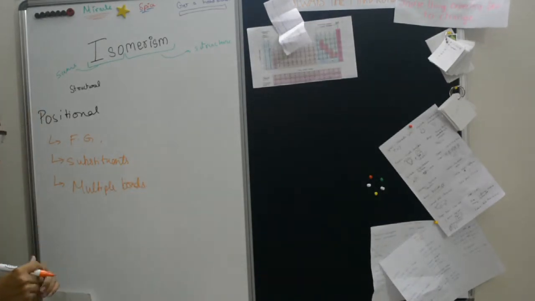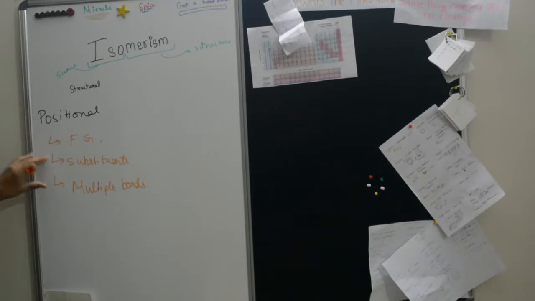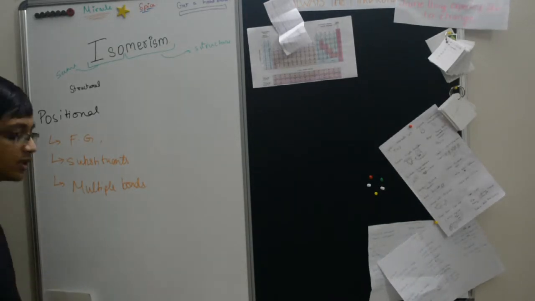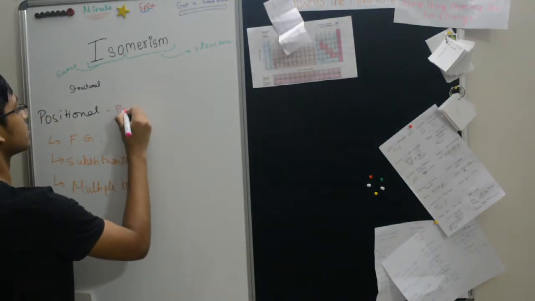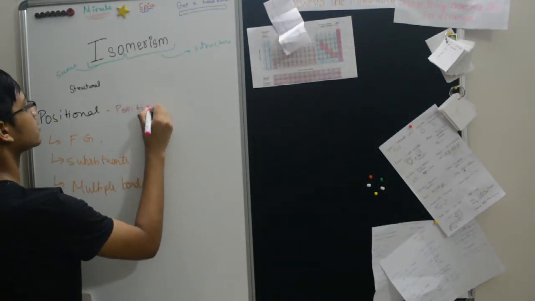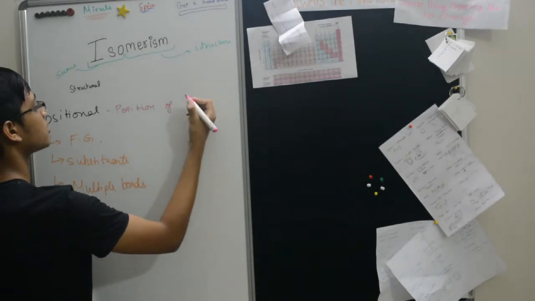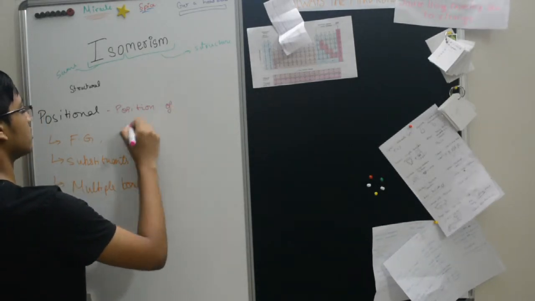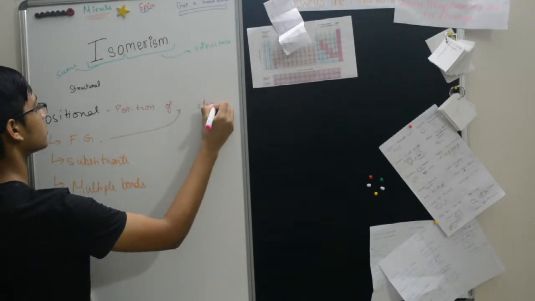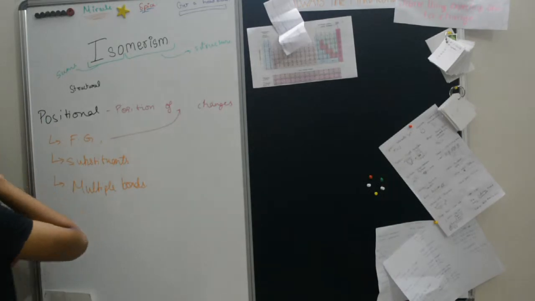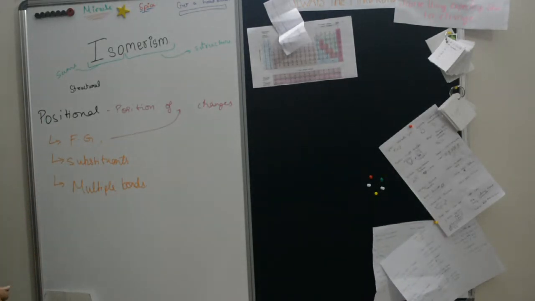And it cannot be applied if anything over here is missing, right? And positional isomer just means that the position of carbon of these would change. And that's it for positional isomers.